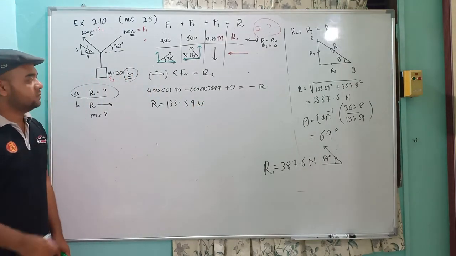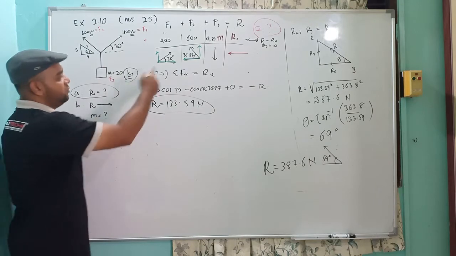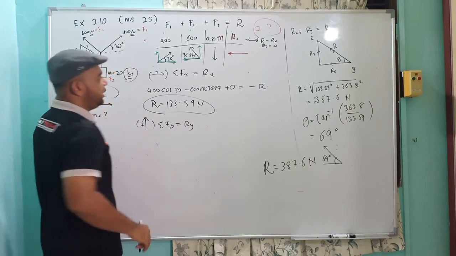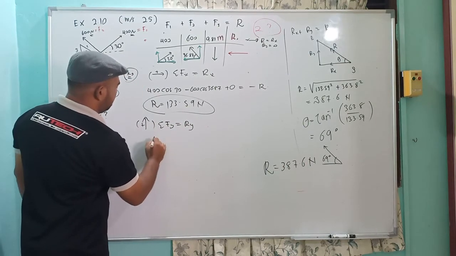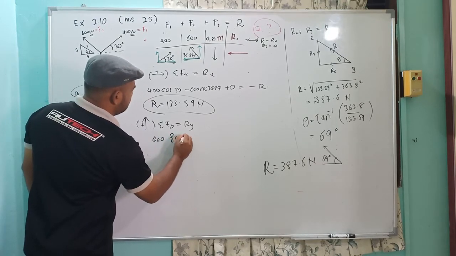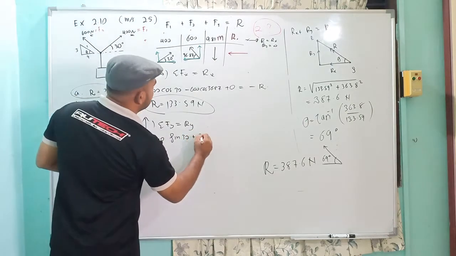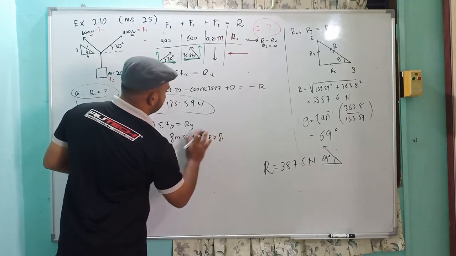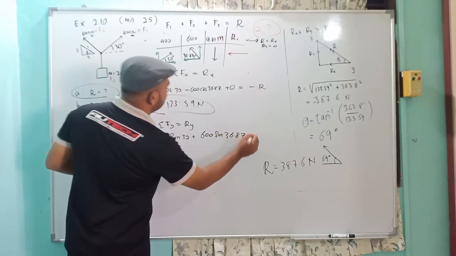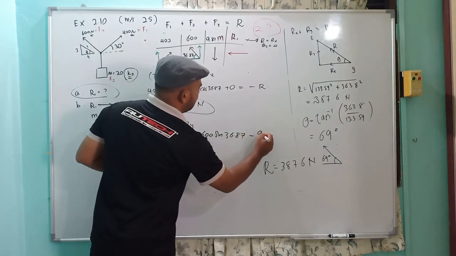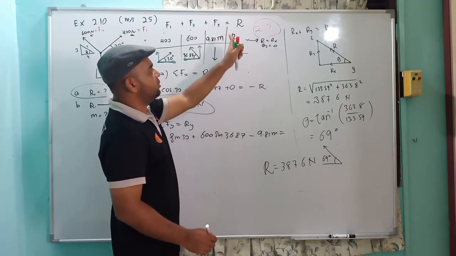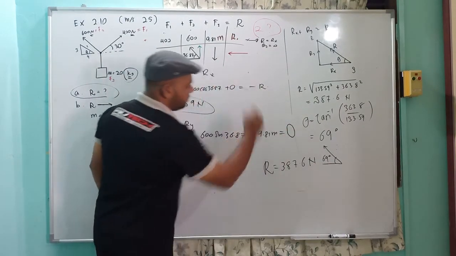Okay, R. Okay, but the question asks what is the M, so we need to calculate positive sigma Fy equal to Ry. Okay, so 400 sin 30, plus 600 sin 36.87, minus 9.81 M equal to, in this case, R is in X, so none in Y direction, so equal to 0.